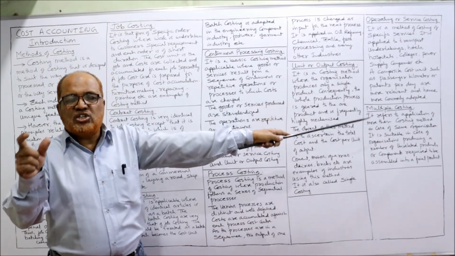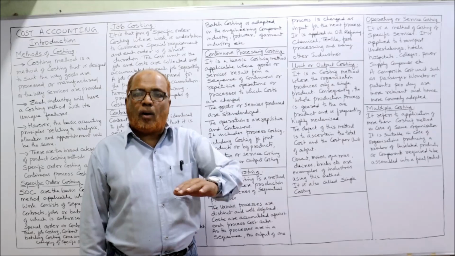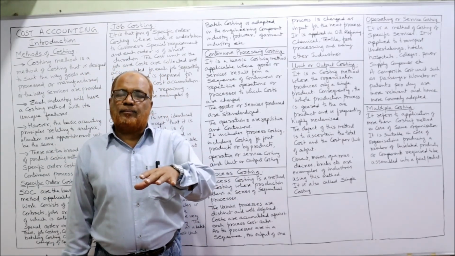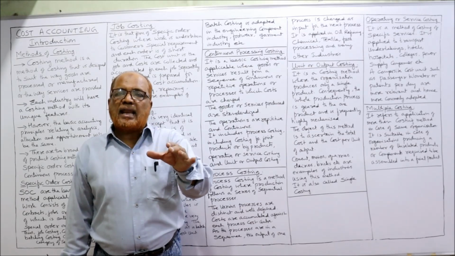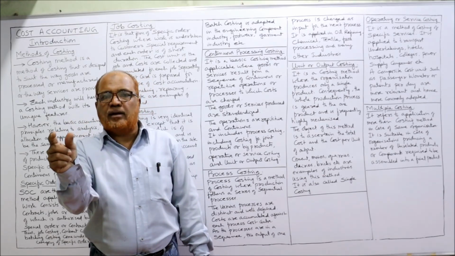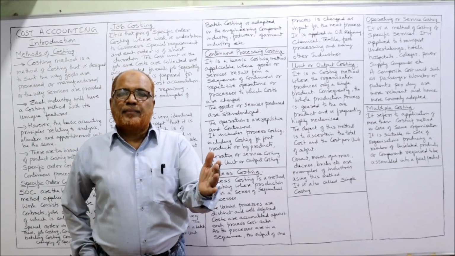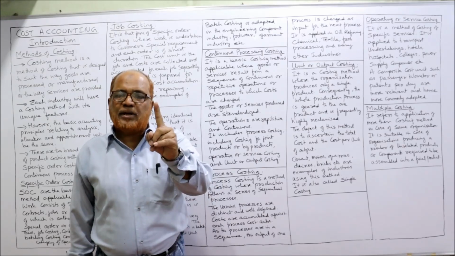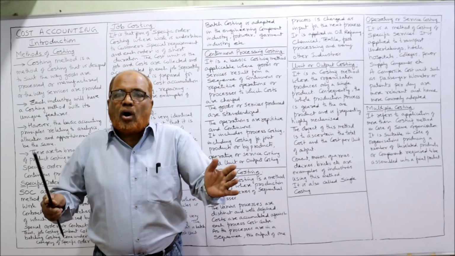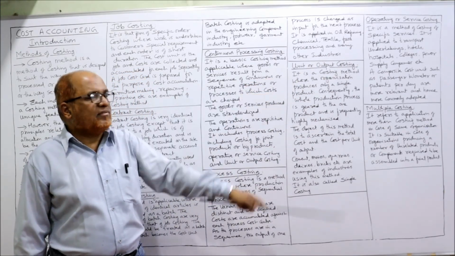One of the features of operating or service costing is that composite units will be used. Example, in a transport undertaking, what is the cost to carry one passenger for 1 kilometer? So passenger kilometer. Similarly, in case of a hospital, patient per day, that means the cost incurred for one patient for 1 day. Like that, two units we are combining. So composite units will be used in case of operating or service providing.